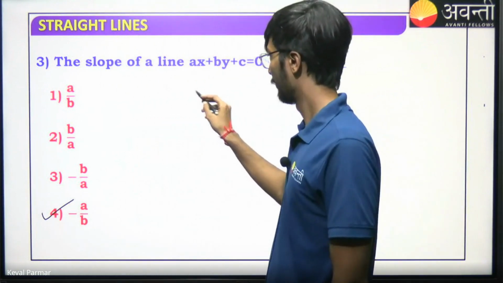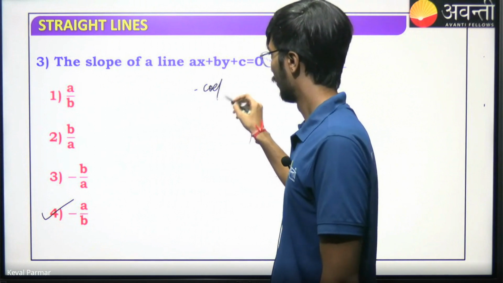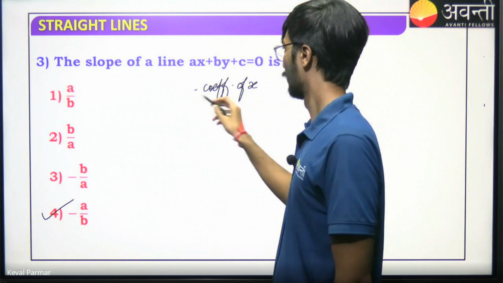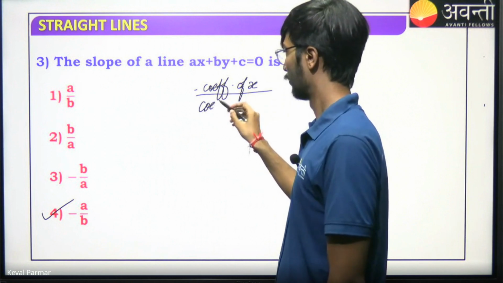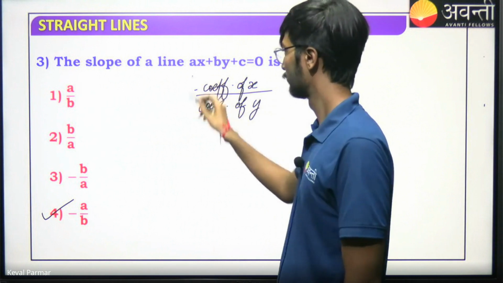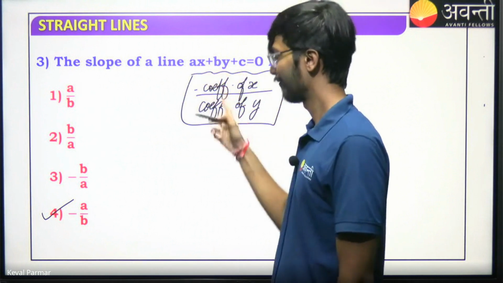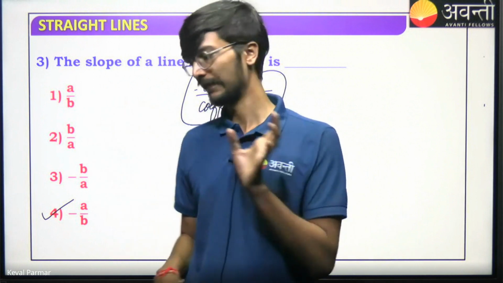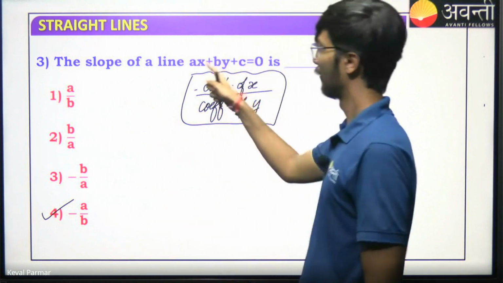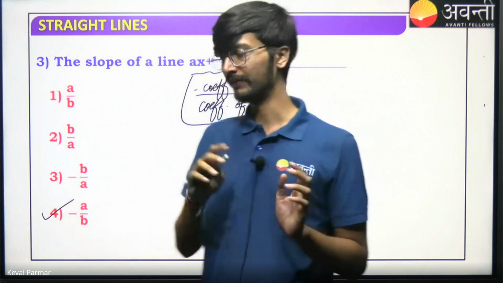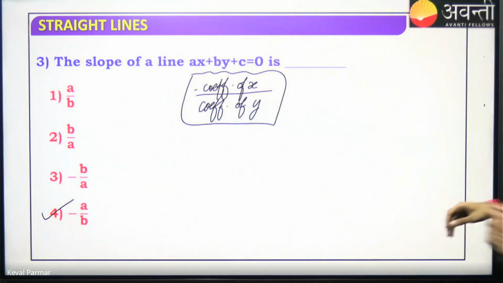Remember it as minus coefficient of x upon coefficient of y. I remember like this: coefficient of x upon coefficient of y. So what is the coefficient of x here? A. So minus a upon b. That is minus a by b. Got it, guys? Let's see the next.